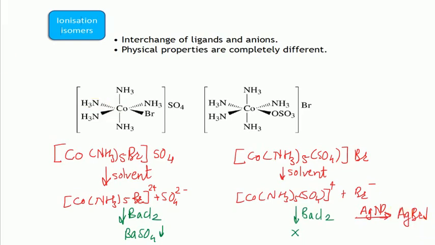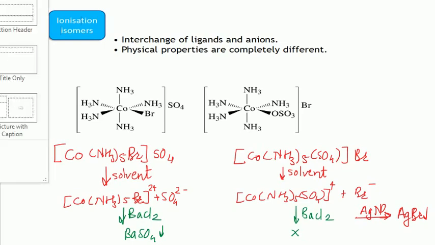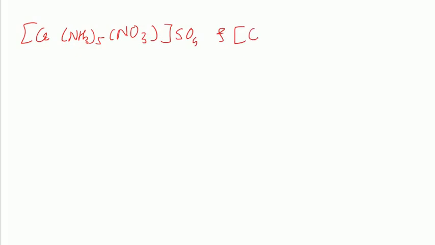We see another example of ionization isomerism. Chromium (NH3)5 NO3 SO4, and the second with the same molecular formula, [Cr(NH3)5SO4]NO3.